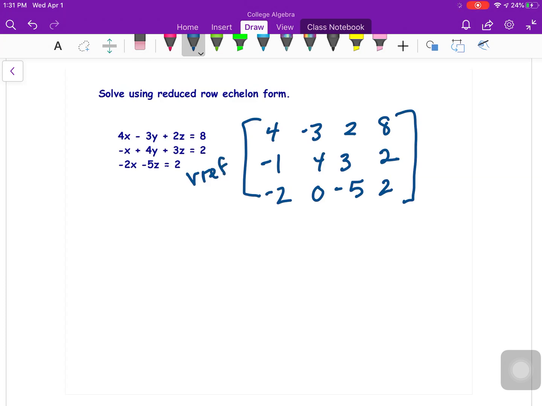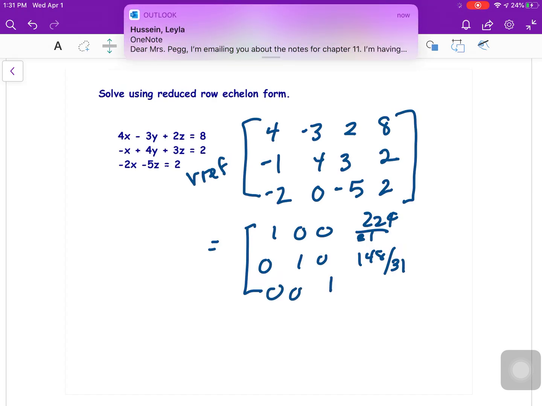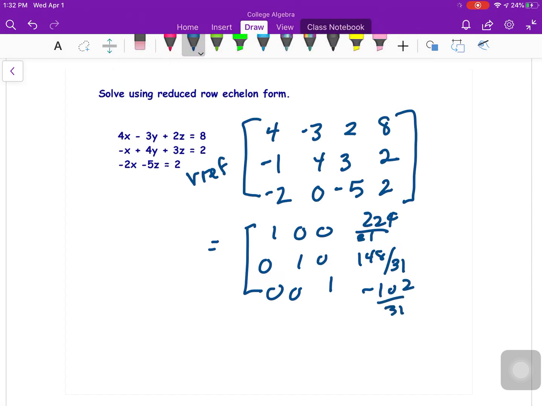And again, these directions are on my calculator slide, and you should get 1, 0, 0, 224 over 31, 148 over 31, and 0, 0, 1, negative 102 over 31. So again, this is my X, this is my Y, and this is my Z.